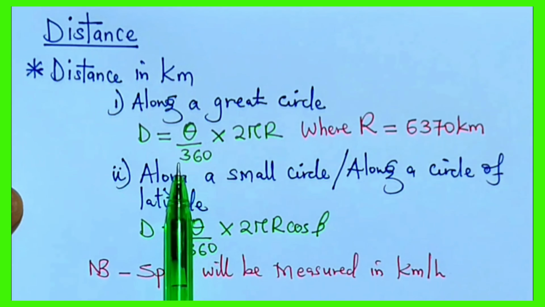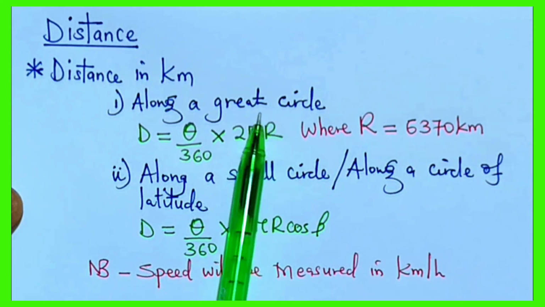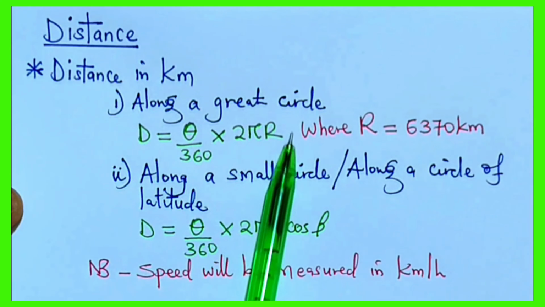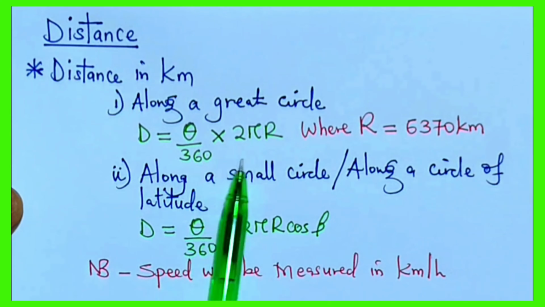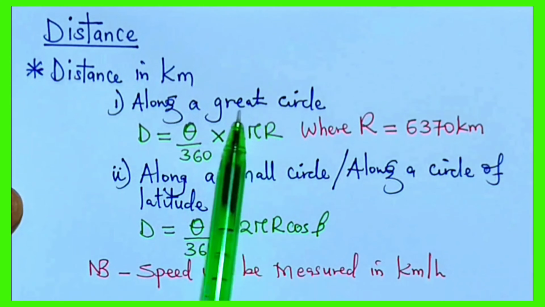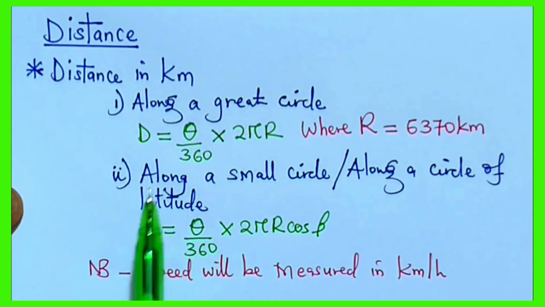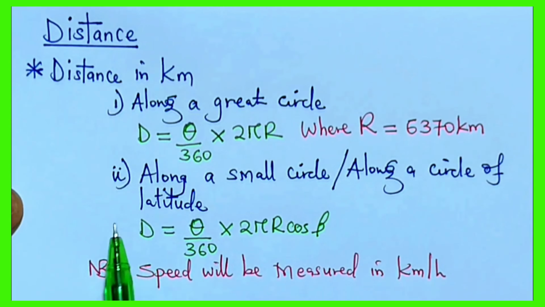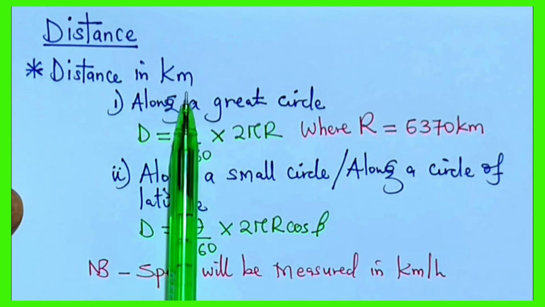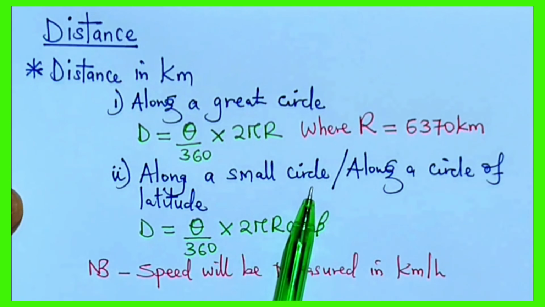And if you relate to the parts of a circle, we agreed that this is the formula for the length of the arc. And since the earth is spherical, any movement you make along the earth's surface is like you're moving along an arc. And then you can also find distance in kilometers along a small circle.